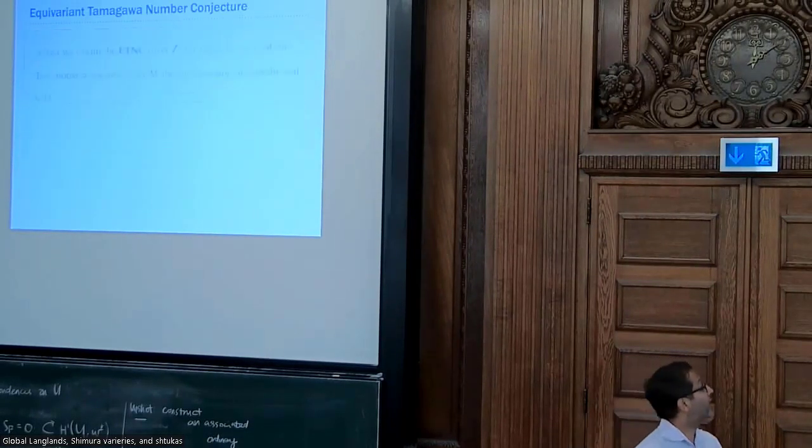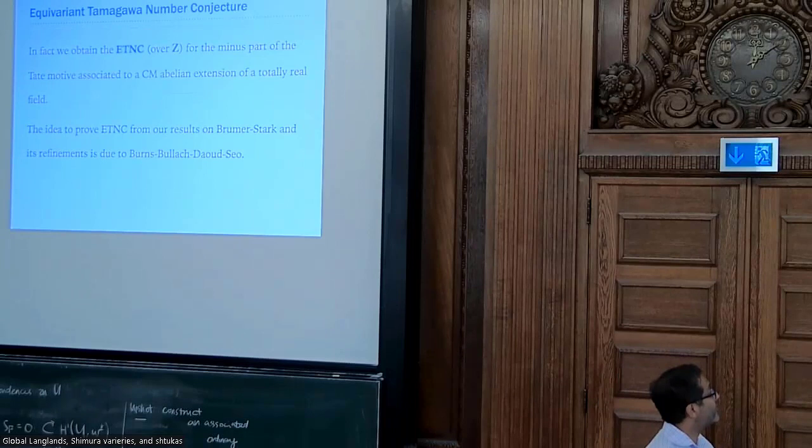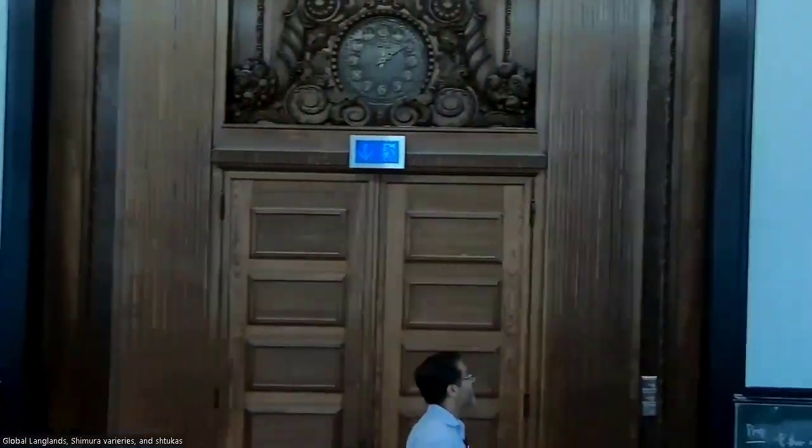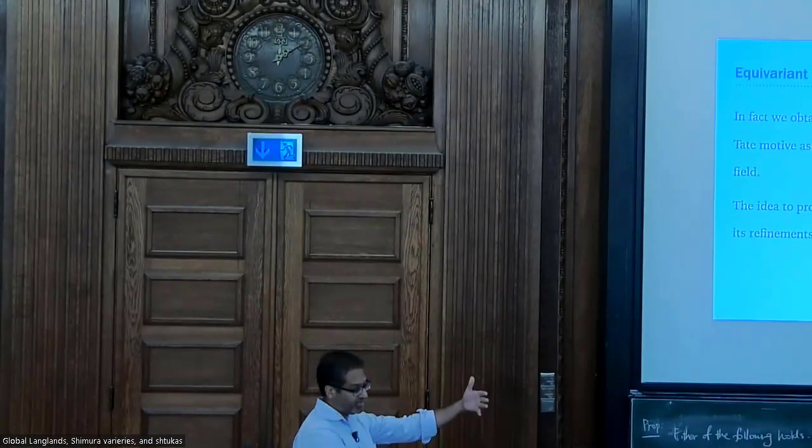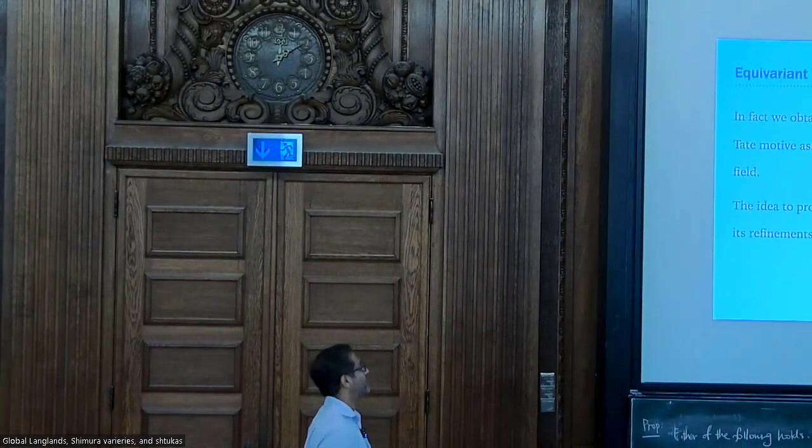Okay. I should mention there are refinements of the Brumer-Stark conjecture that we can obtain. So-called Equivariant Tamagawa Number Conjecture on the minus side, associated to a CM abelian extension of a totally real field.